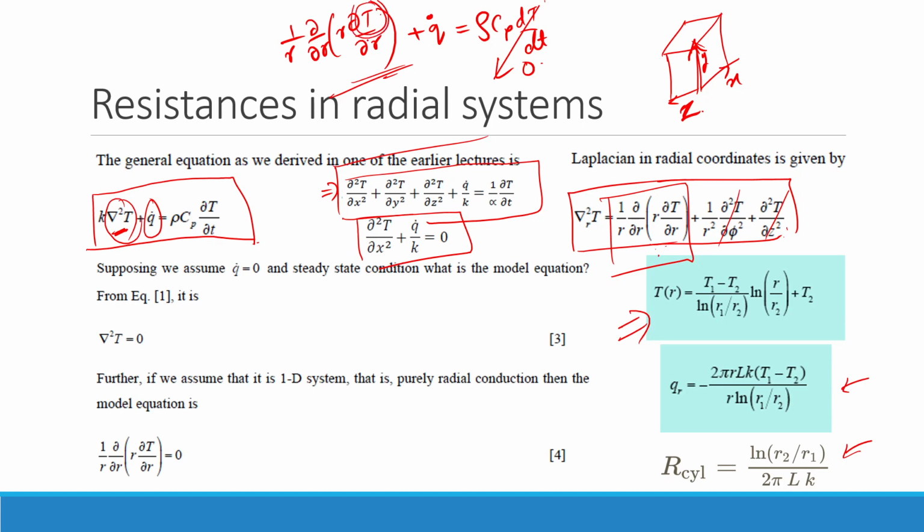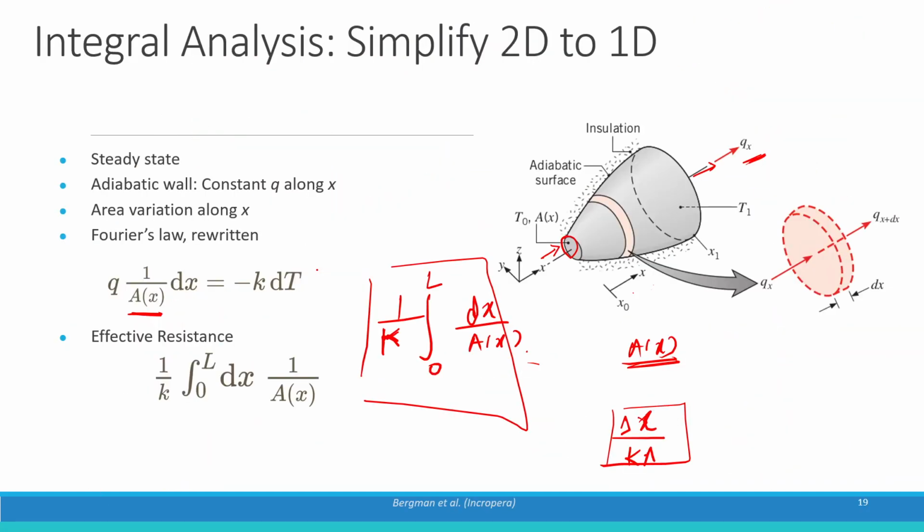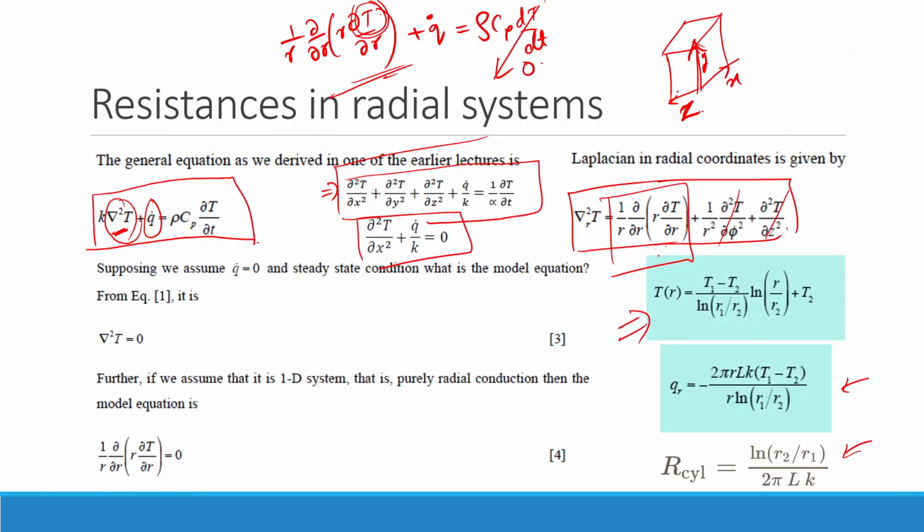And then you can straight away use this formula, and in terms of this radial profile, it will become q is equal to minus k 2 pi r L dT by dr. This dT by dr term you can get by differentiating this equation, and you will ultimately get this q r, that is the heat transfer through the radial system.